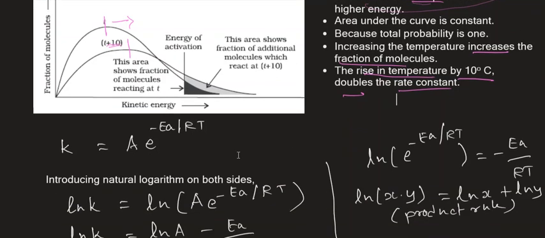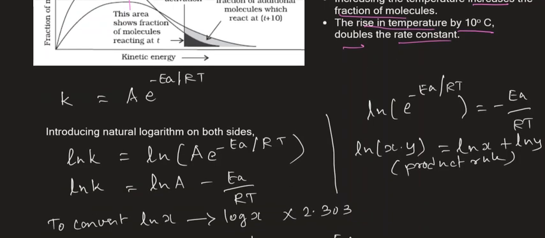So now let us again introduce this. k is equal to A into e power minus Ea divided by RT. Let us introduce a natural logarithm on both sides. So ln k is equal to ln of A e power minus Ea divided by RT. We know according to the product rule, log of xy is equal to log x plus log y.